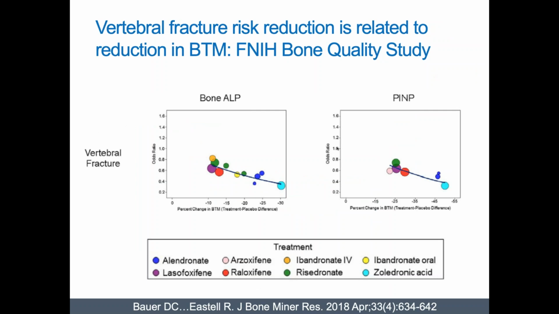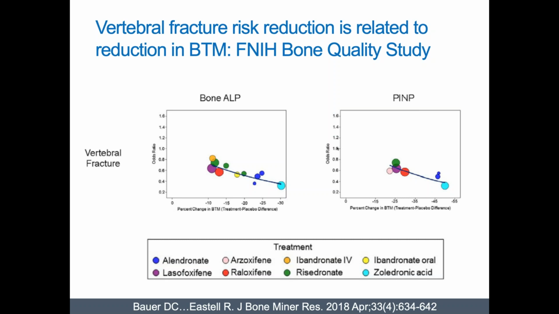Now, you may be asking, do these changes in bone turnover have anything to do with the outcomes in these patients? So recently, we conducted a study where we tried to gather all the information about bone turnover markers from the major fracture trials and relate the changes in markers to the fracture risk reduction.